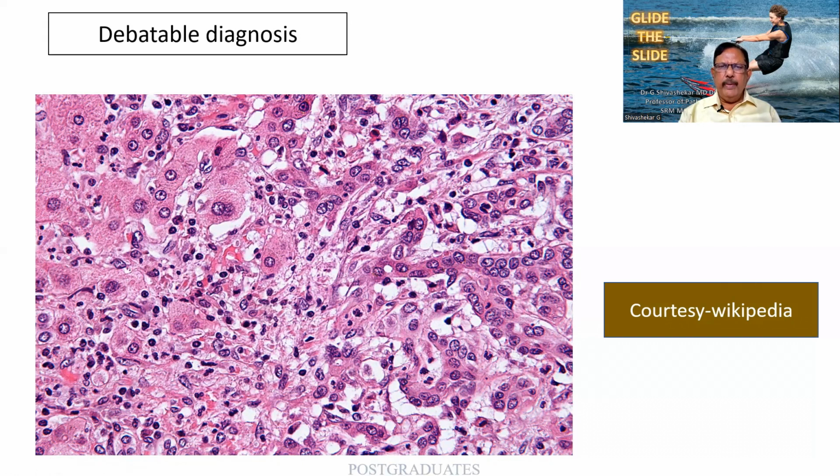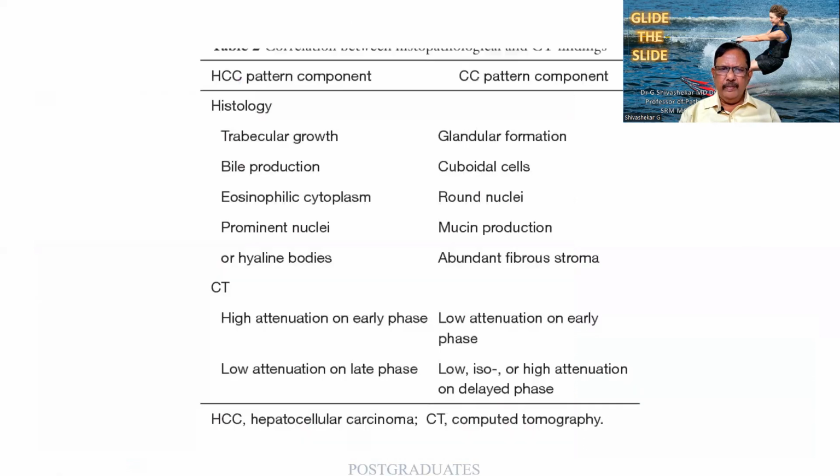Now, we should be aware of the patterns of hepatocellular carcinoma, which I will be taking in another class. What are the differences between hepatocellular and cholangiocarcinoma? Histology: a trabecular growth versus a glandular pattern. Trabecular means 4 or 5 cells broad. Bile production is common in hepatocellular carcinoma, whereas not in cholangiocarcinoma. It is more of a conducting system.